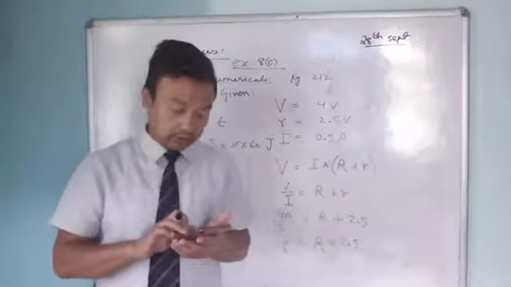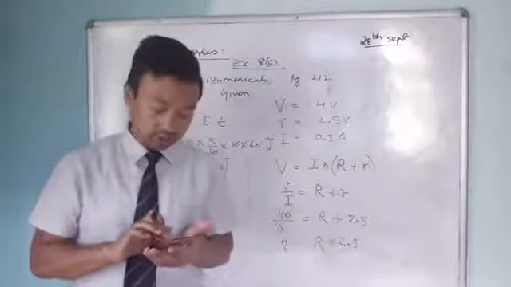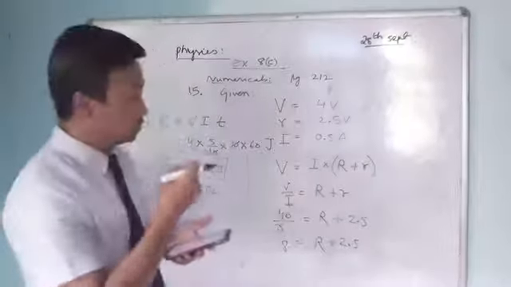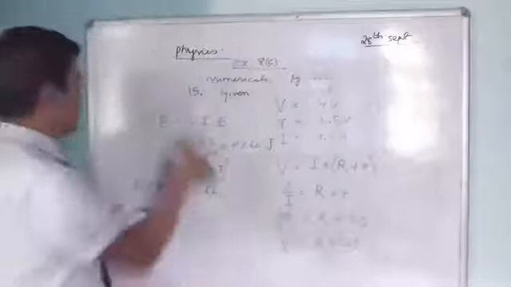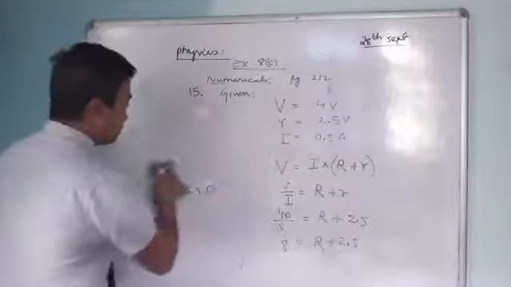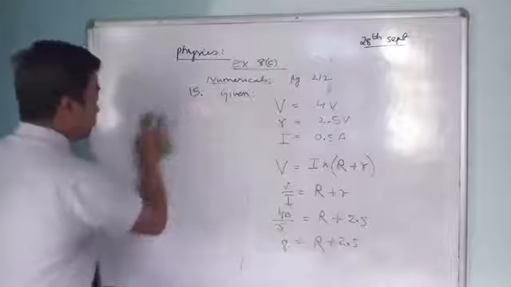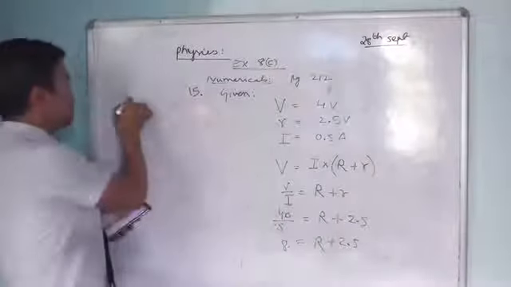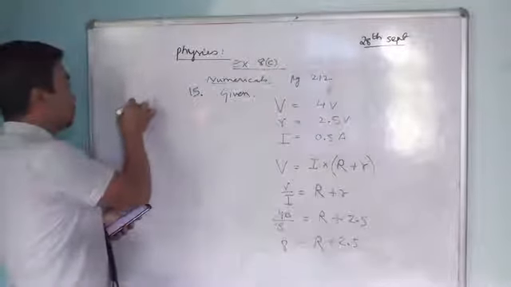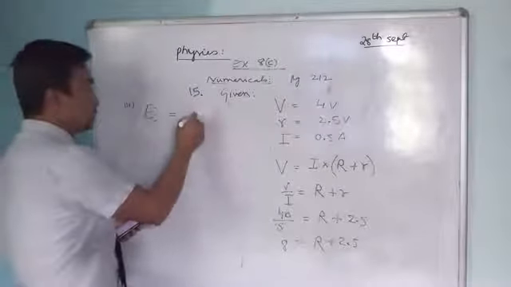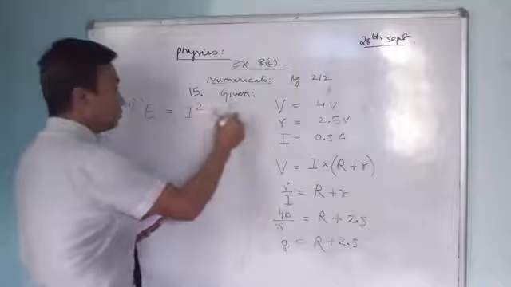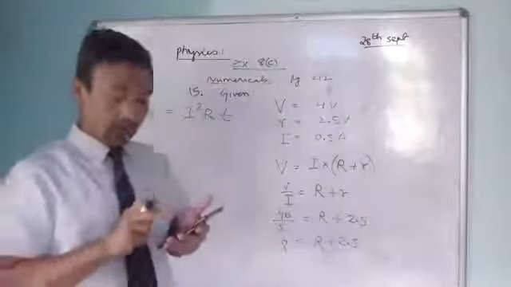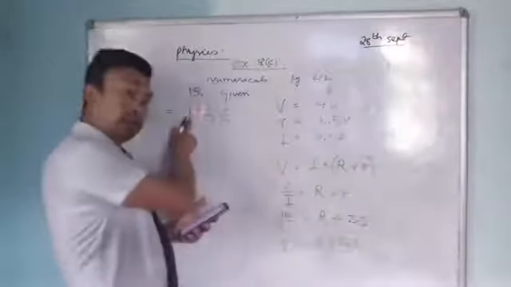Now what is the energy? Number 3 you have to calculate is the energy dissipated in the bulb in 10 minutes. How much energy is consumed by the bulb? Here we are going to use only the resistance of the bulb. Energy dissipated by the bulb, we can use I square R into t. Either from the bulb or the cell, there is one current flowing.